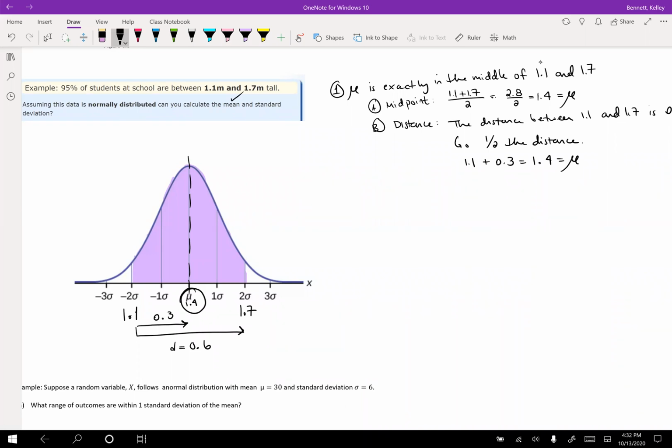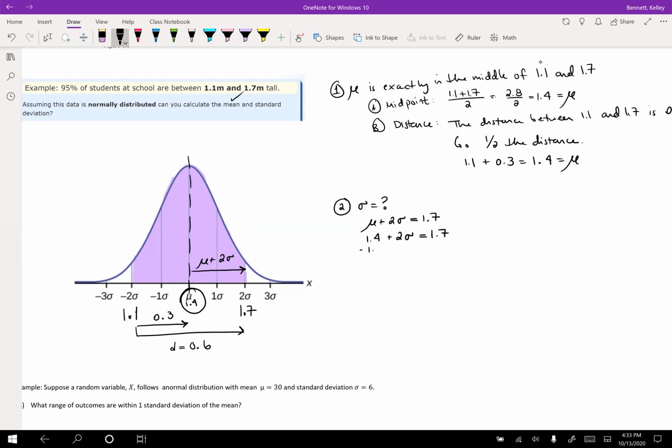So if I'm at 1.4 and I go up 2 standard deviations, this is mu plus 2 sigma, where mu is the mean, my starting point. So we know that mu plus 2 sigma needs to get us to 1.7. Well, we know mu is 1.4. Still don't know what sigma is, but I'm feeling like we can find out.